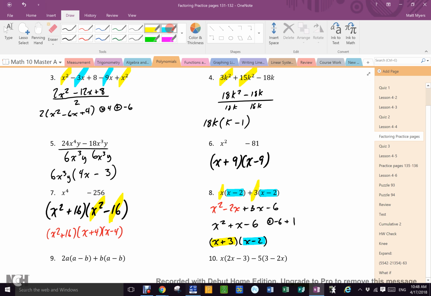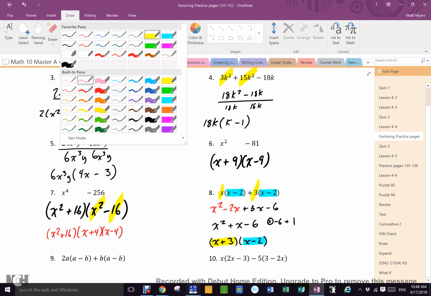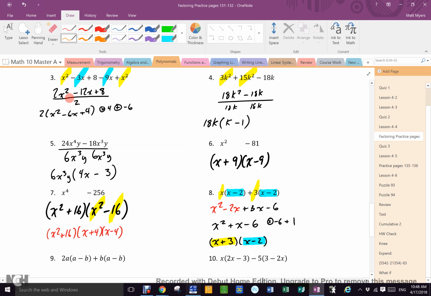I'm going to rewrite this in orange in a different way that makes this easier to see. Watch. X times a plus 3a. Does everybody see what I have done here? You see that a is in both of them, correct?